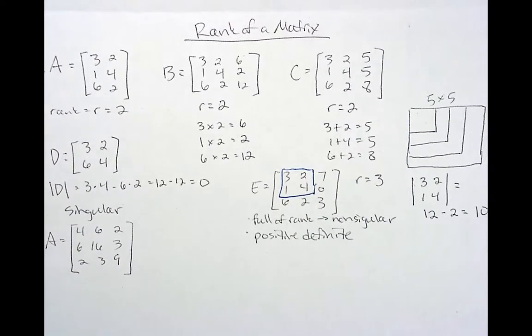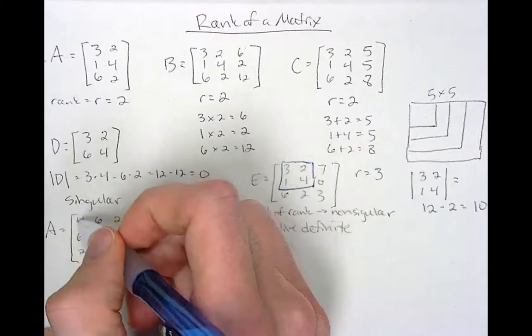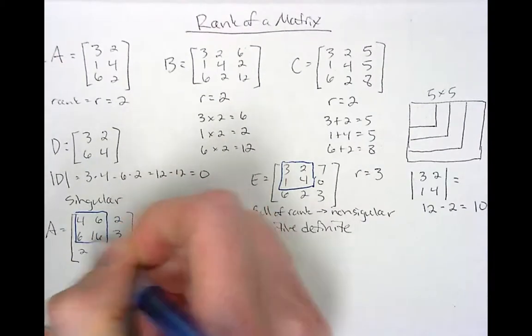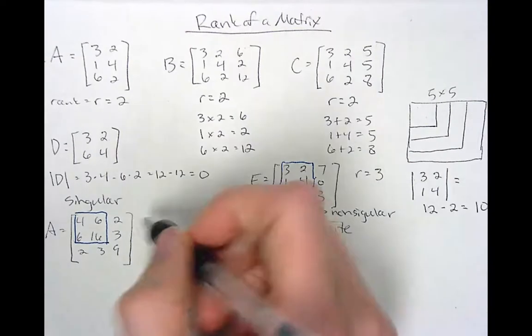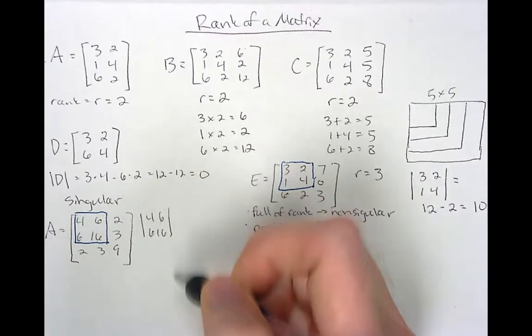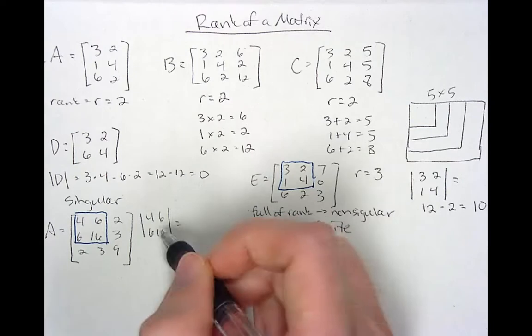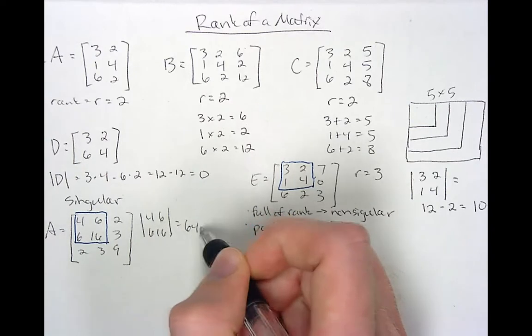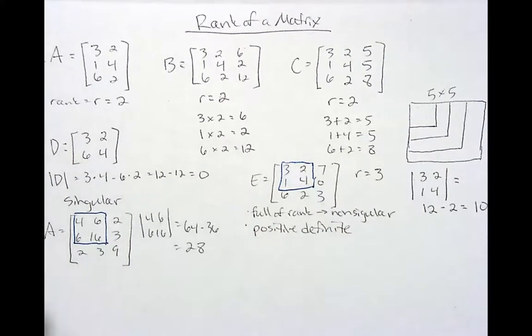And we can see here the upper left submatrix would be 4, 6, 6, 16, and the determinant of that we found to be 16 times 4, 64, minus 6 times 6, 36, which equals 28. So that matrix is positive definite as well.